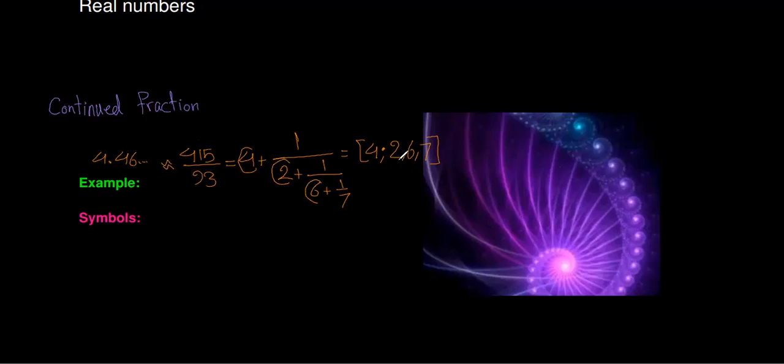Actually, if we want to discuss continued fractions of positive real numbers, we need only these symbols: 0, 1, 2 till 9.